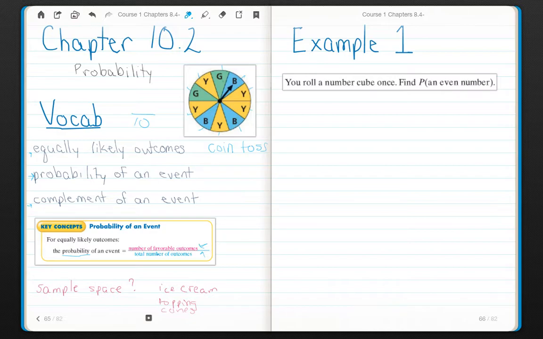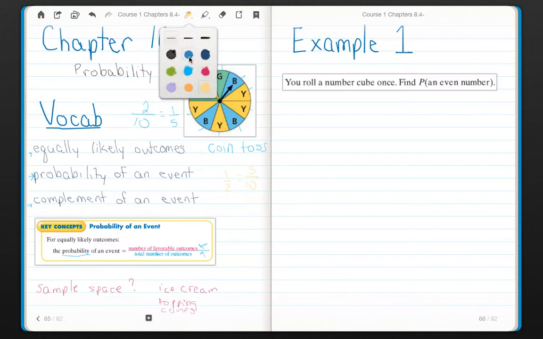So if we go back to our spinner, the chance that I spin a green is 2 out of 10. There are 2 chances I'm going to get a green out of a total of 10 possible spaces. Now I could also reduce this to 1/5, 1 out of 5. The chances that I'm going to get a yellow are 1, 2, 3, 4, 5 out of 10, which reduces to 1/2.